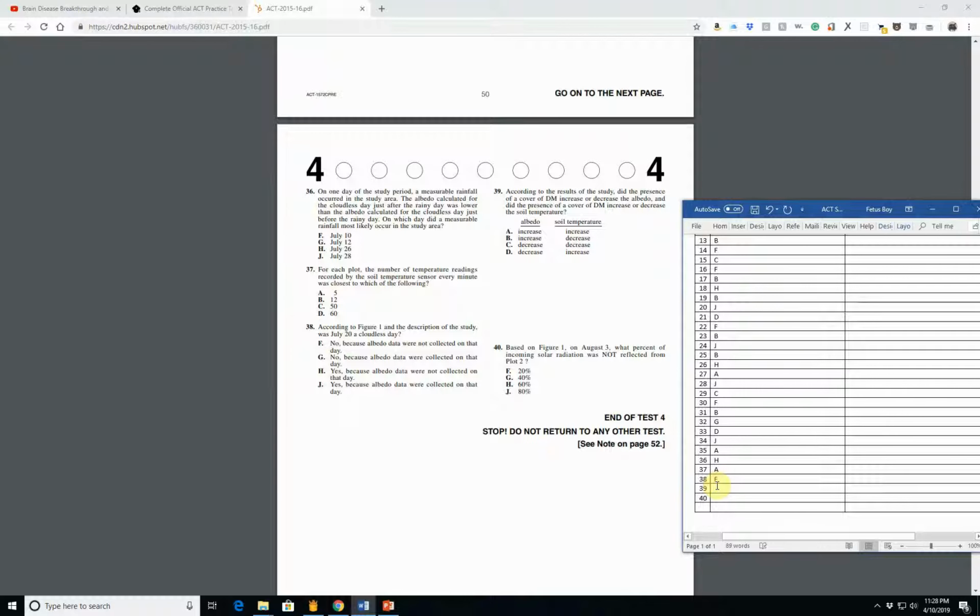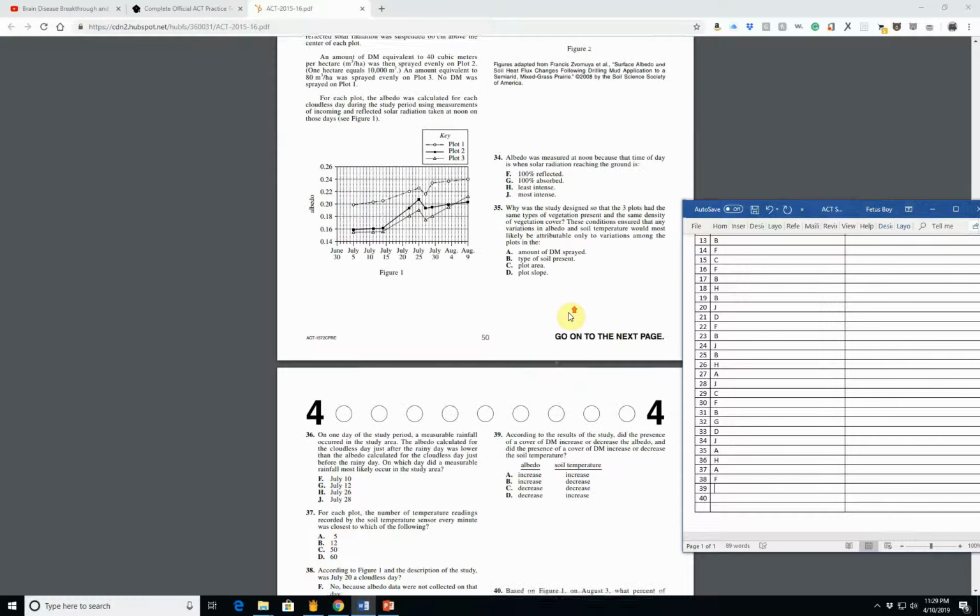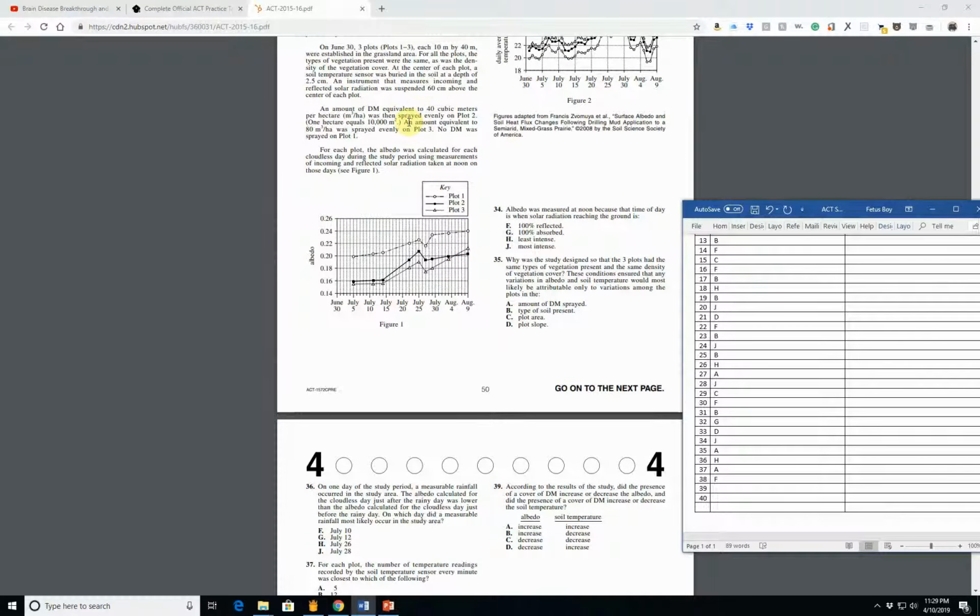Alright, some people just have a naturally high albedo. Okay, albedo 305. So according to the results of the study, did the presence of a cover of DM increase or decrease the albedo? Okay, so drilling mud.